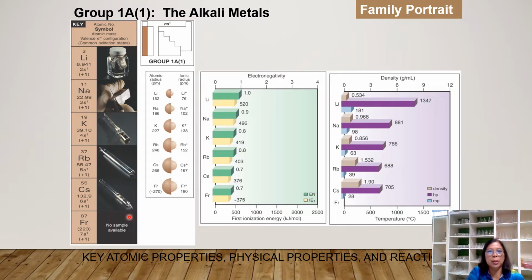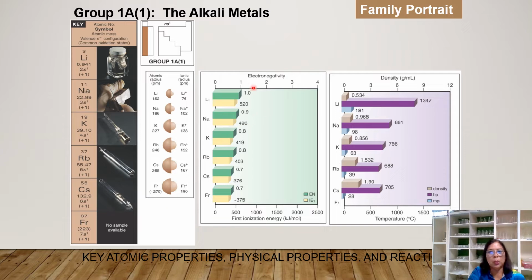Now in terms of radius, if you notice, it is arranged smallest from the lithium or from the top, but it goes bigger in terms of radius, both atomic and ionic. So as you go down, the size also increases.